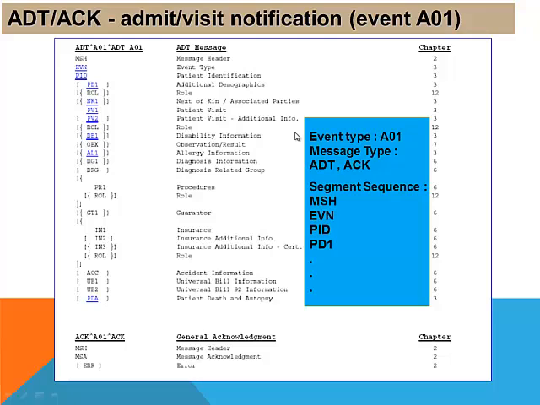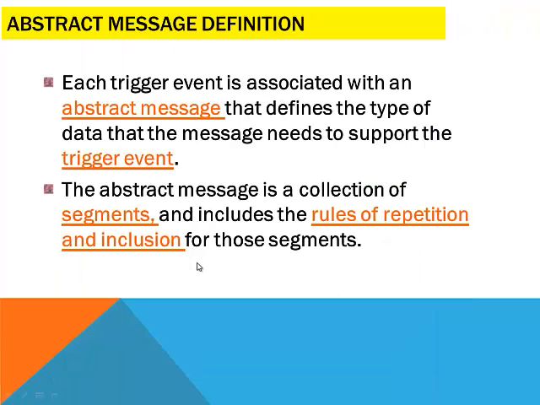So this grammar defined by HL7, we call an abstract message. Abstract message is the basis to construct or generate a new message.